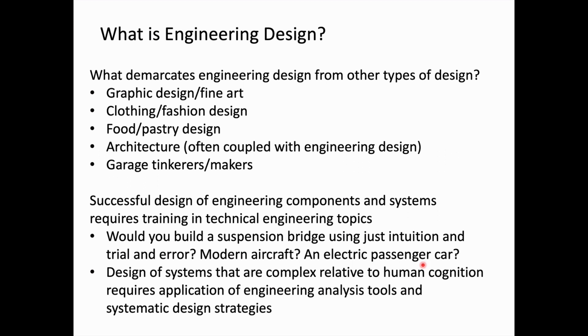When there are simpler things we're trying to design or things that are kind of on the human scale, then we can do a pretty good job designing using intuition or trial and error. But to extend what humans are capable of designing, that's where more sophisticated engineering analysis and design tools come into play.